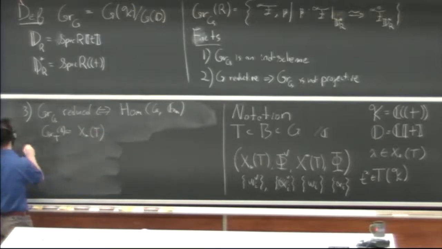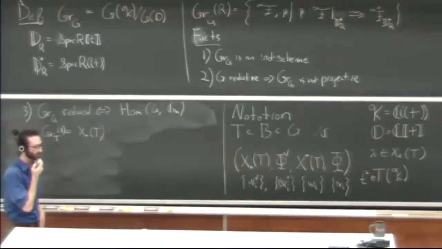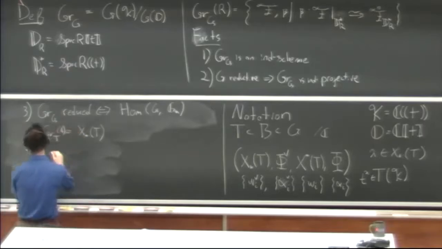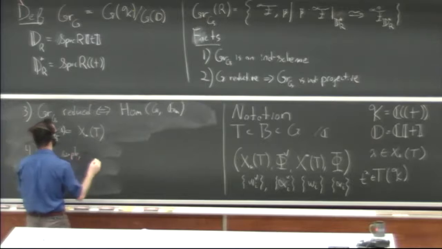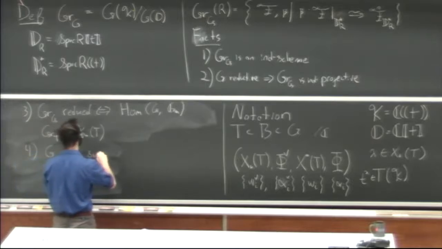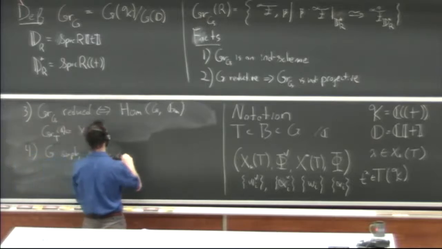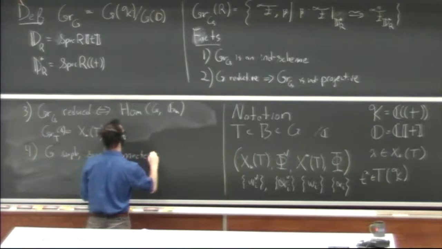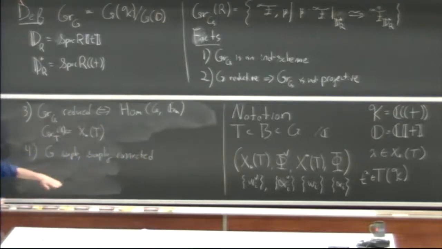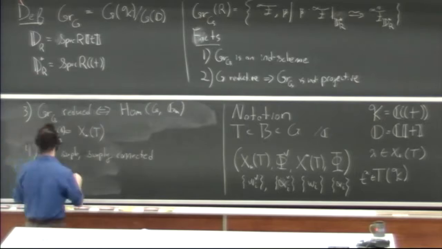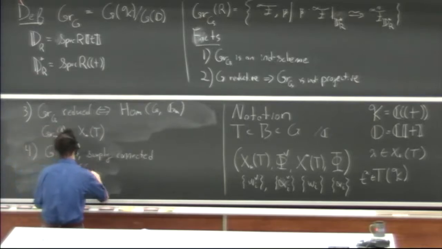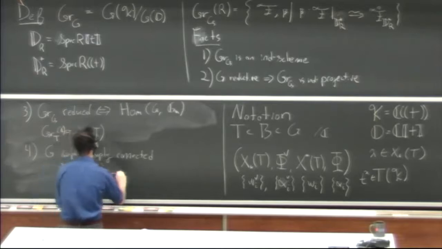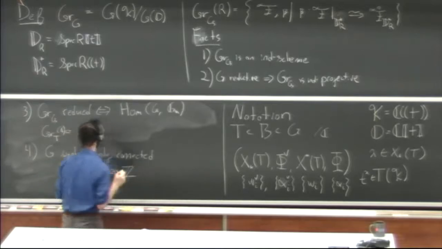The next fact that I want to mention is the following: if G is simple and simply connected, then the Picard group of the affine Grassmannian is easy to describe. The Picard group of Gr G will be isomorphic to the integers.